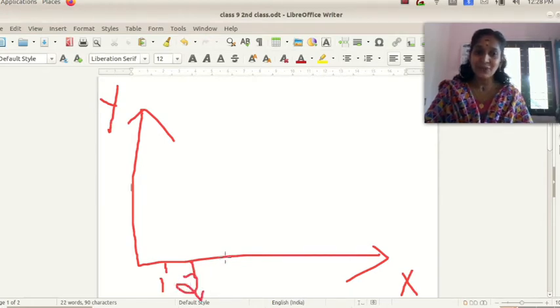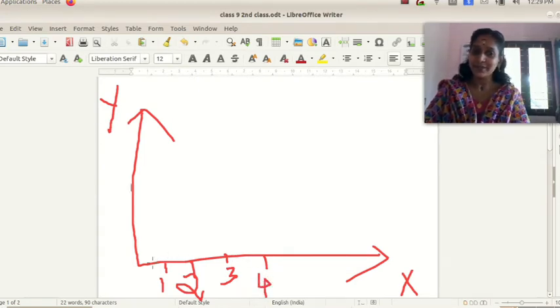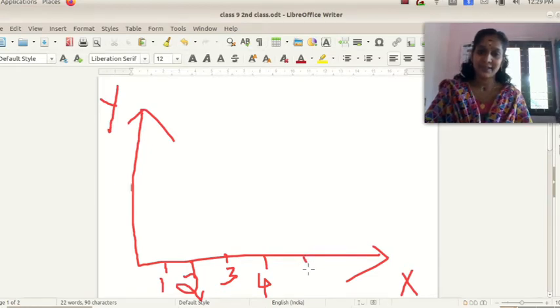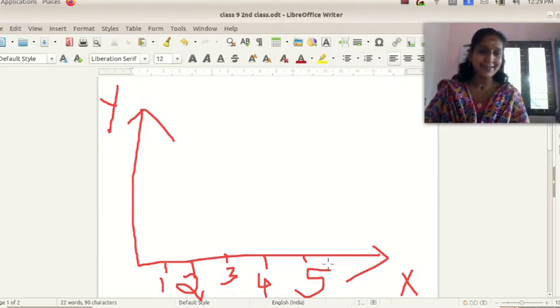It will be equal, but now it is not equal. 3 and 4. Each centimeter we taken as 1 centimeter here. So these each 1 centimeter will be equal. It should be equal. But here it is not equal. So we marked up to 5 in the x-axis.